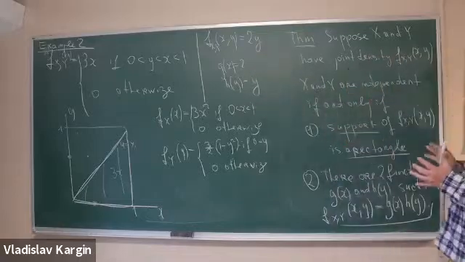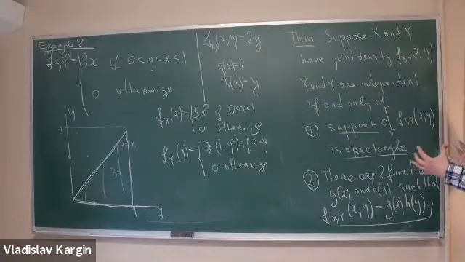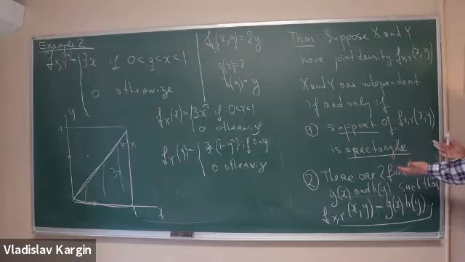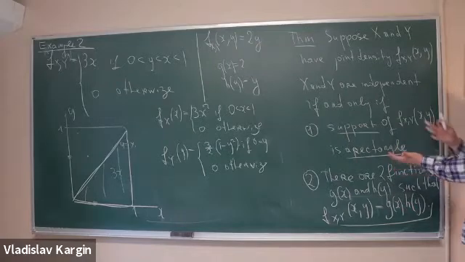And if you remember, the support was a square, so it was a rectangle. So it's a product of two functions, one of x and another of y, and the support is a square, a particular case of a rectangle. So everything is satisfied.